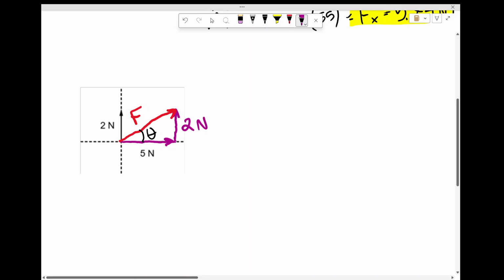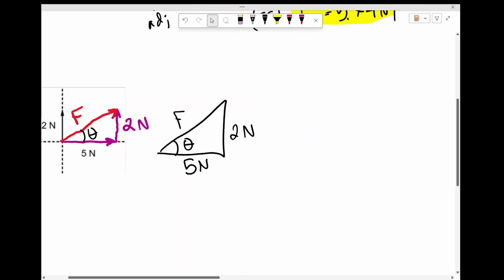All right. So with our triangle, we have the 5 newtons here. We have the 2 newtons here. This is F, and in here is theta. For the value of the hypotenuse, we can just use Pythagorean theorem. So a squared plus b squared equals c squared.